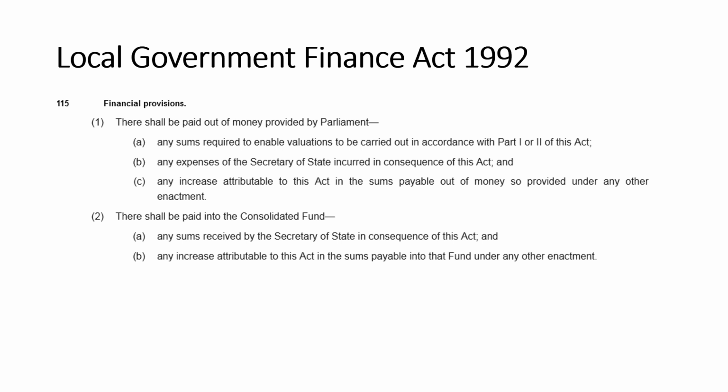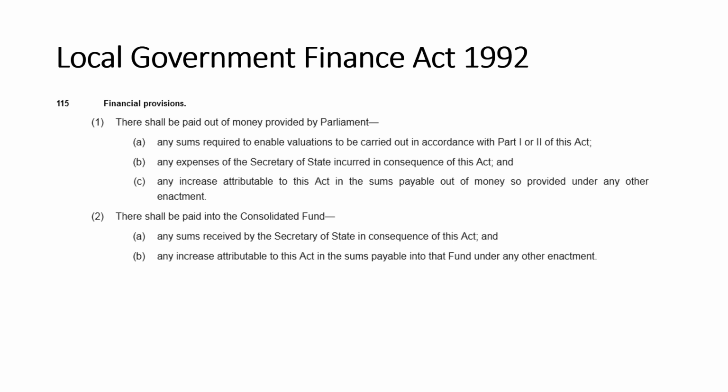And then under number 2, there shall be paid in the consolidated fund any sums received by the Secretary of State in consequence of the Act, and then any increased attributes in the Act sum payable to the fund under any other enactment. So if we analyze this, this is telling you that your Local Government Finance Act is actually paying into a consolidated revenue fund, which is what I stated in the previous correspondence.